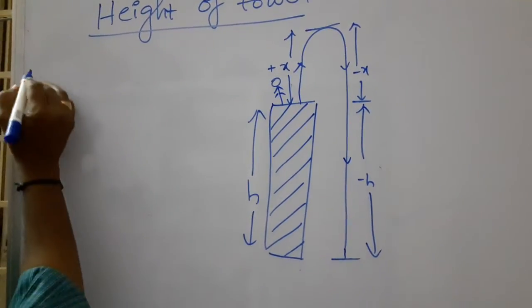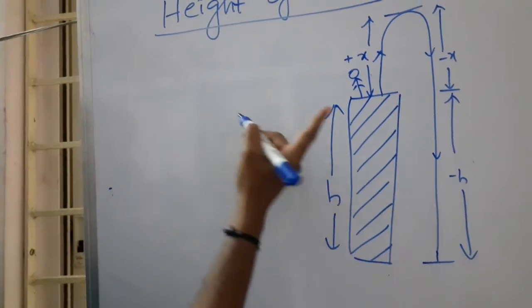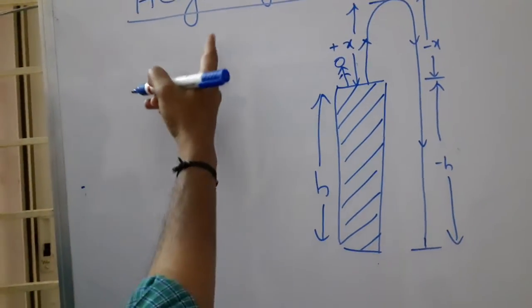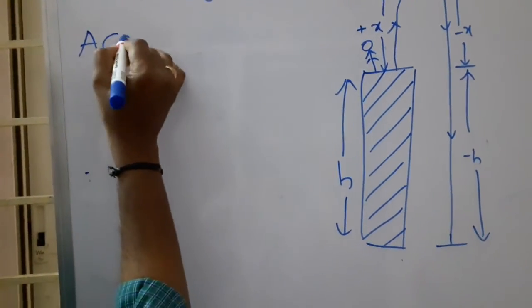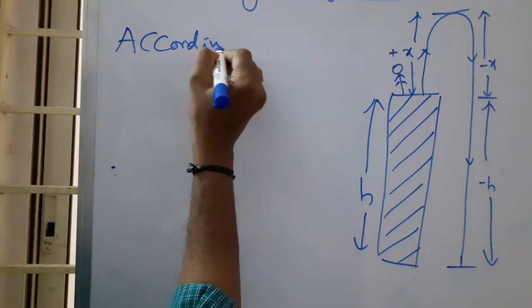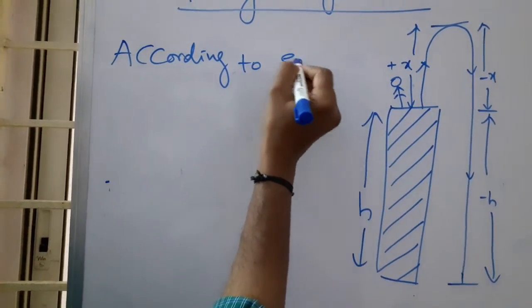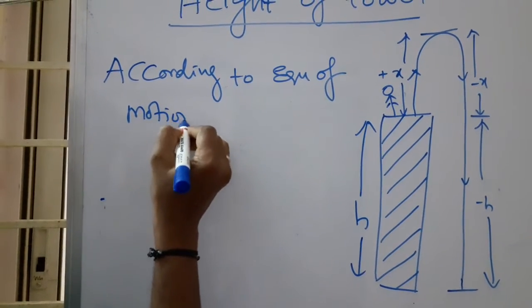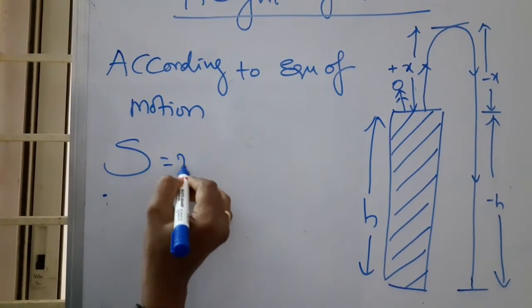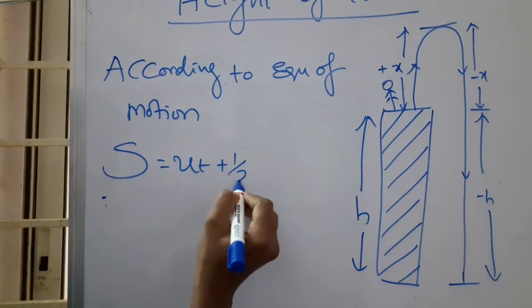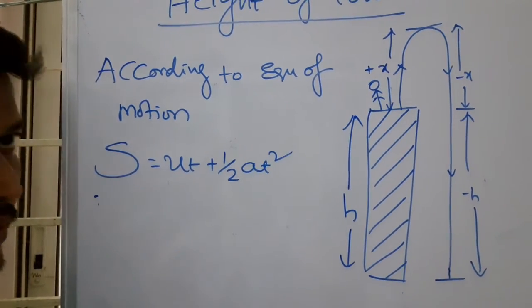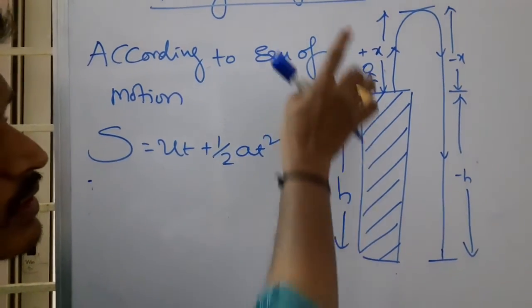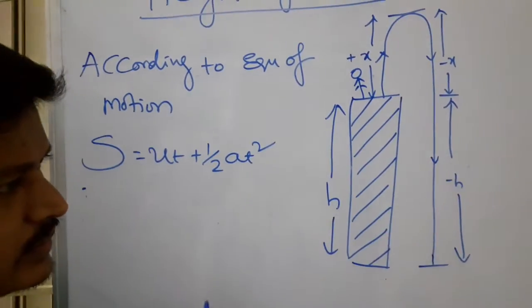Then according to the equation of motion, S is equal to ut plus half at square. From this equation we can measure the tower height.